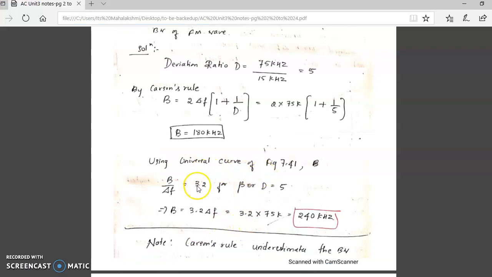Using the universal curve, for the given value of beta, that is 5. Beta is nothing but D here. So you have obtained this D as 5. Along the x-axis, you just go to 5, that is beta equal to 5. For 5, what is the value of B by delta f?